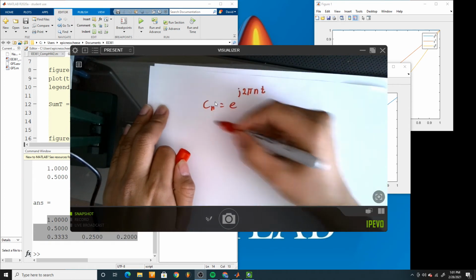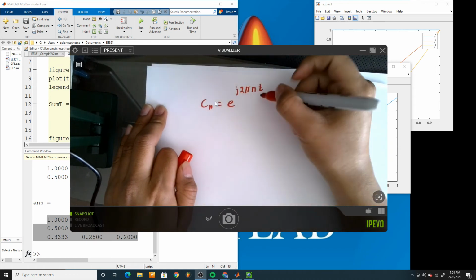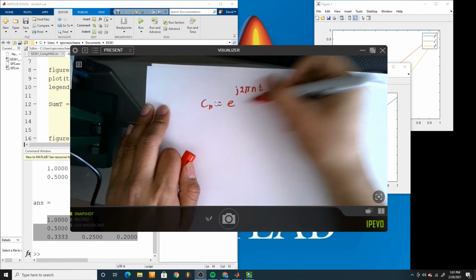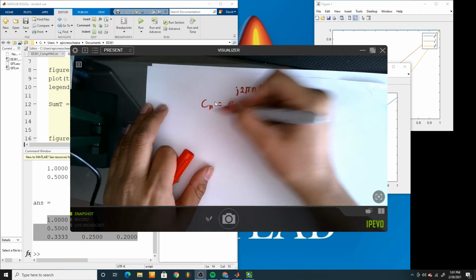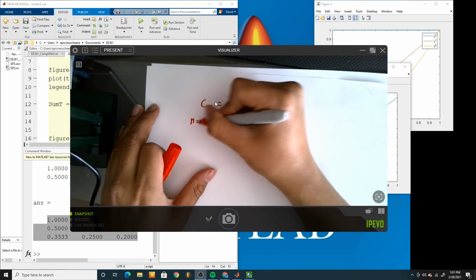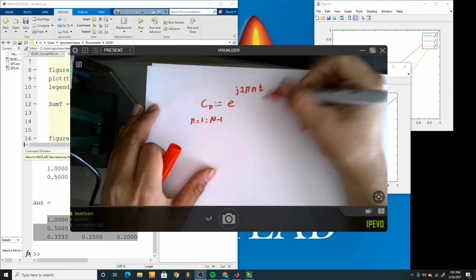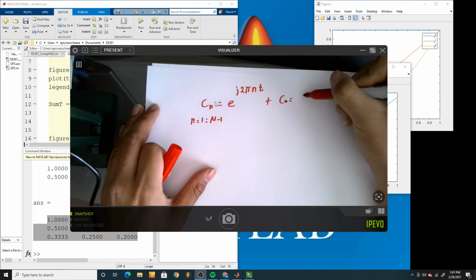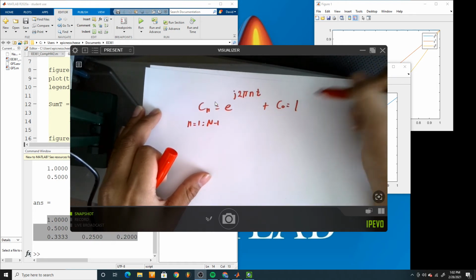But actually, this might be a future topic. But this is the main point: if you have a signal like this, the reason I was hesitating is because this is not good. This is for n equal to 1 to capital N minus 1, plus C of 0, which is equal to the DC term, which is, well, 1.